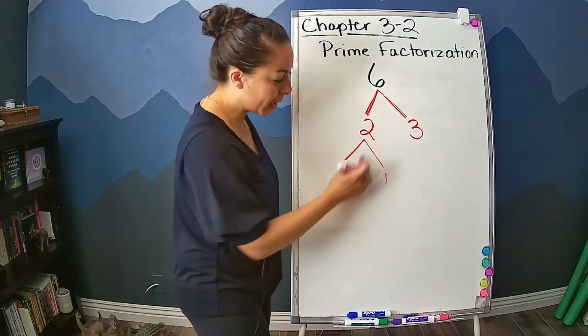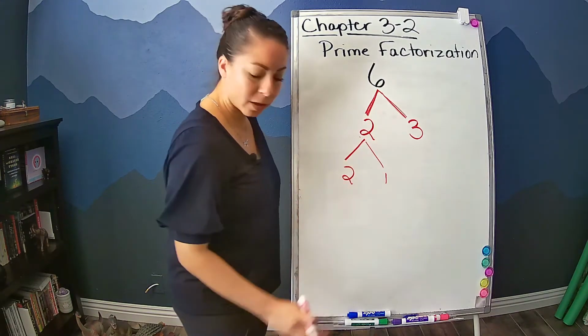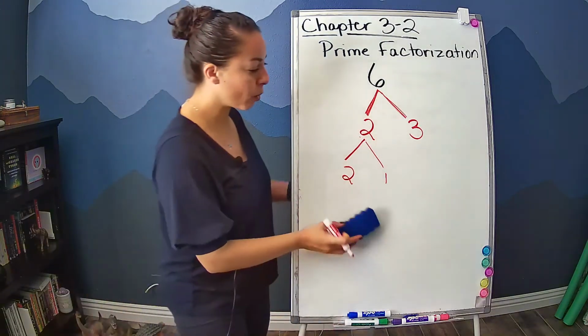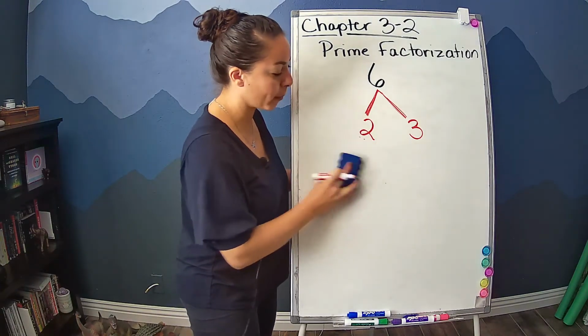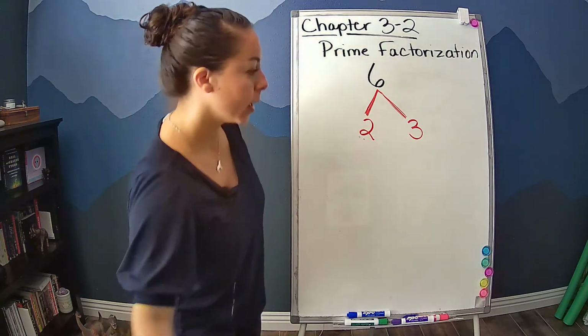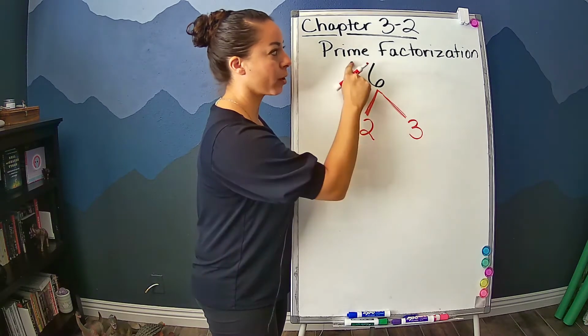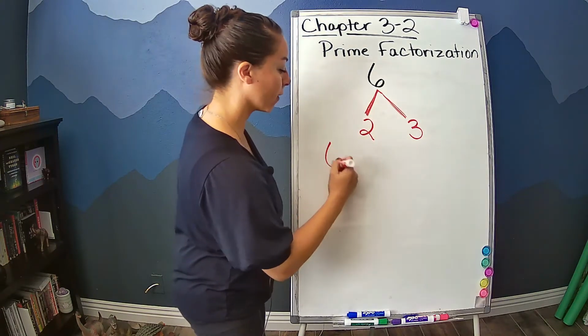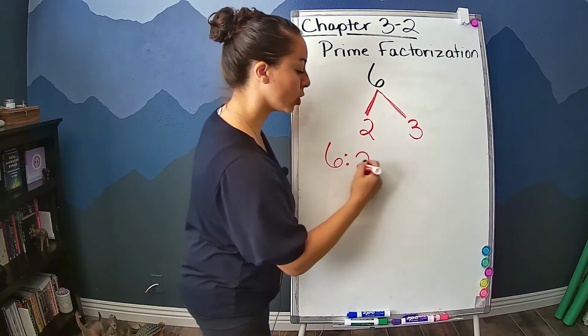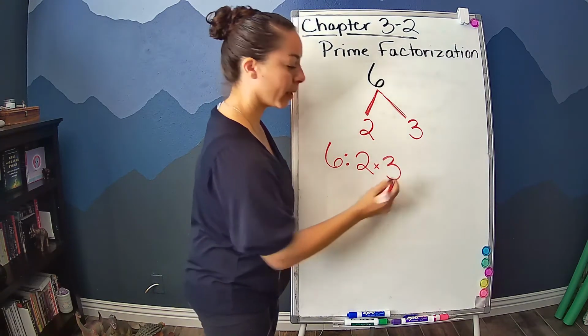But I'm just repeating myself, so I don't need to do that. That's why we don't factor any prime numbers. This is a prime number and this is a prime number. So the prime factorization of 6 is 2 and 3.